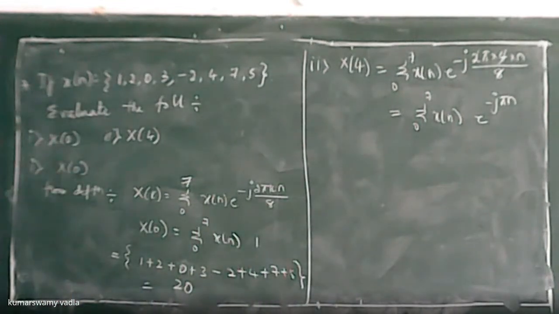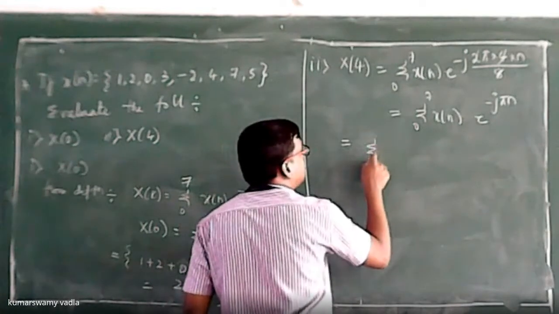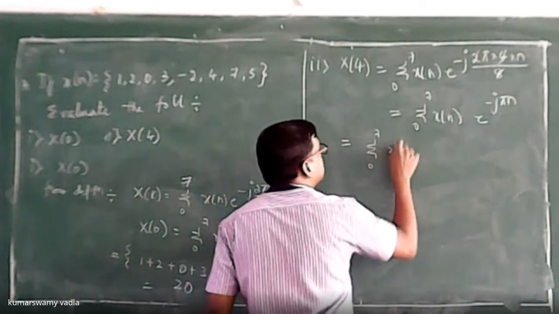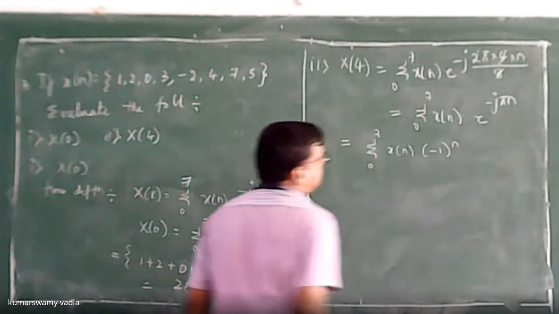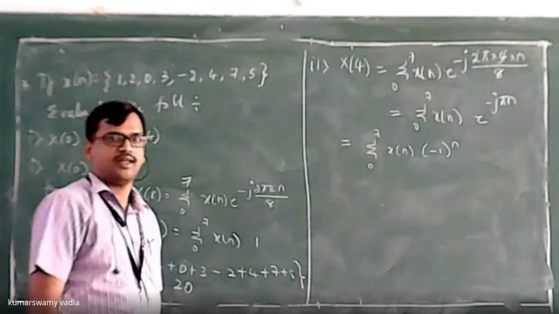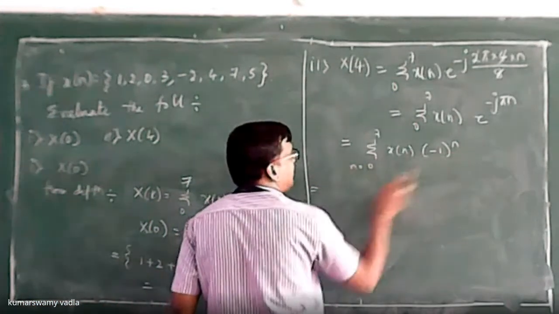Yes or no, students? Yes. So this can be written as summation 0 to 7 x of n times minus 1 power n. So this is n equals 0, you substitute the value of n.